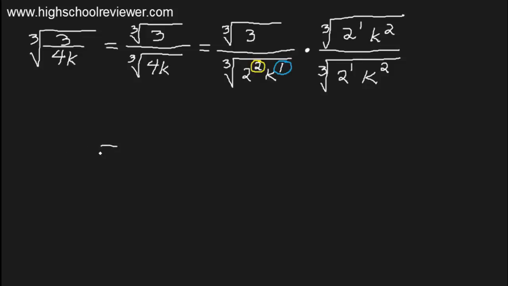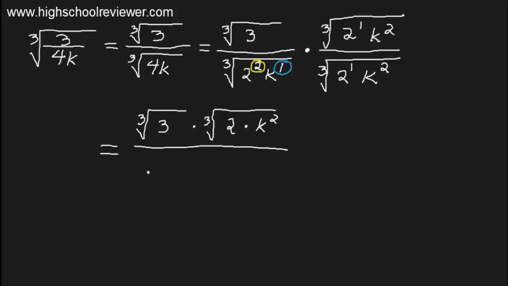Okay, and then we can continue. So we will have here the cube root of 3 multiplied by the cube root of 2 raised to 1, that is 2, times k raised to 2.